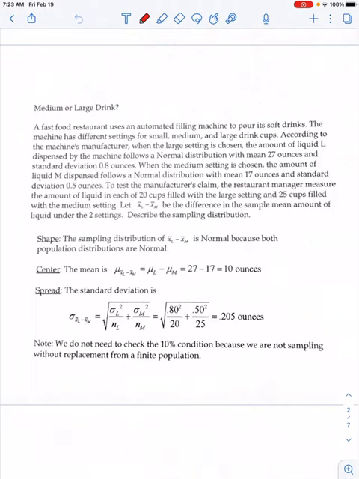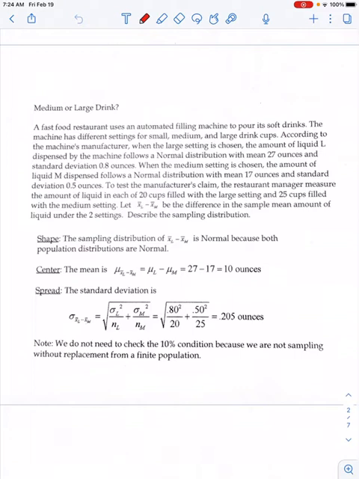According to the machine's manufacturer, when the large setting is chosen, the amount of liquid L dispensed by the machine follows a normal distribution with a mean of 27 ounces. Now that 27 is mu, not an X bar, because this is talking about the population. So a mean of 27 ounces and a standard deviation of 0.8 ounces.